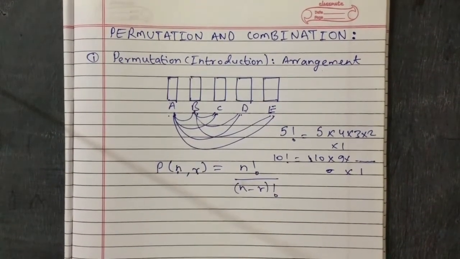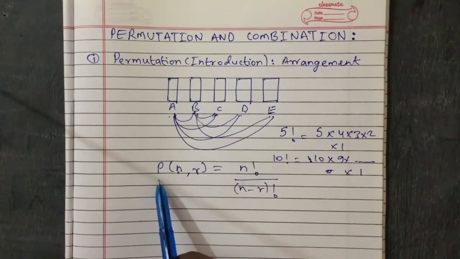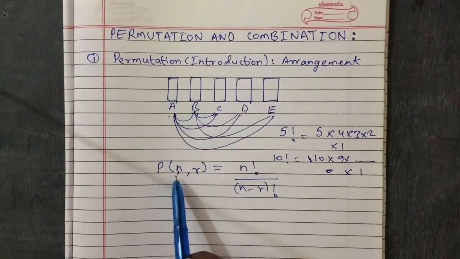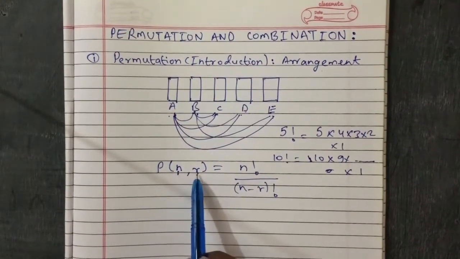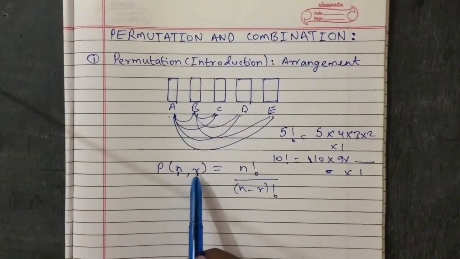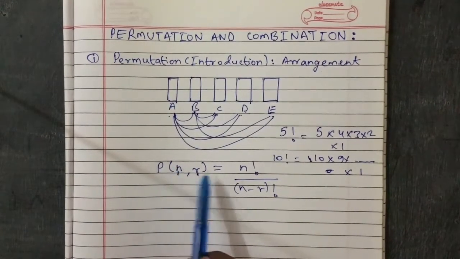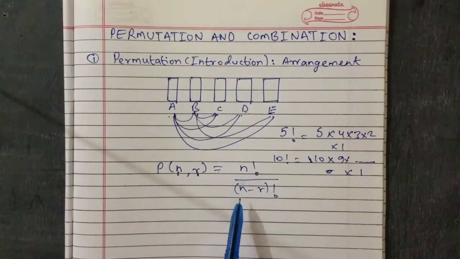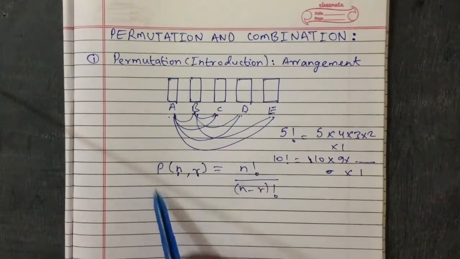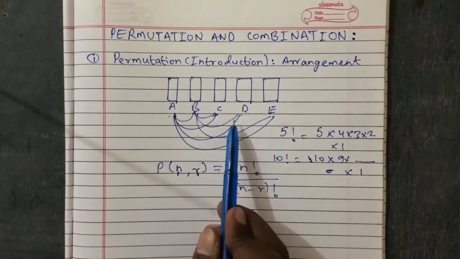So the permutation of n number of things taken r at a time, or in other words, the arrangement of n number of things taken r at a time, where we're arranging r number of things out of n total things, is equal to n factorial over n minus r factorial. For example, let's combine this mathematical equation with this example.